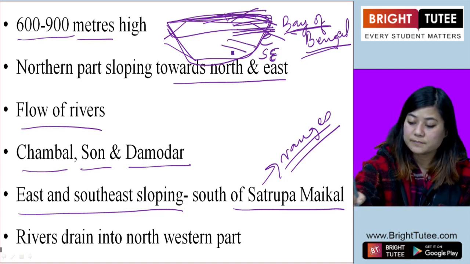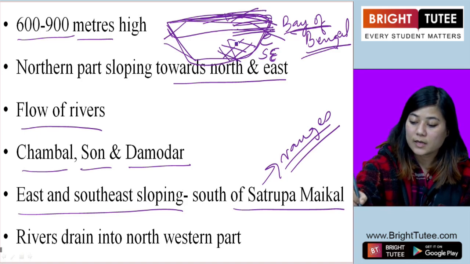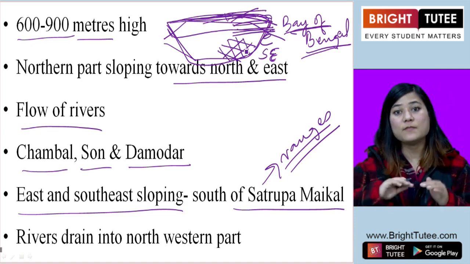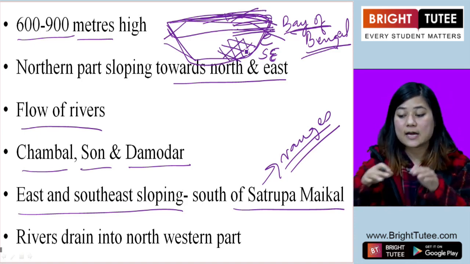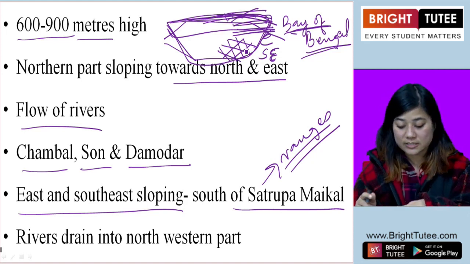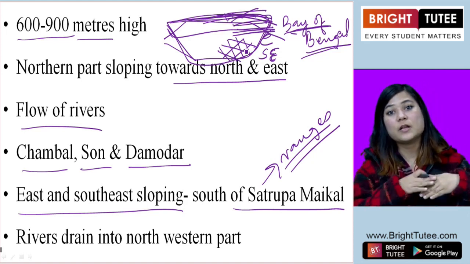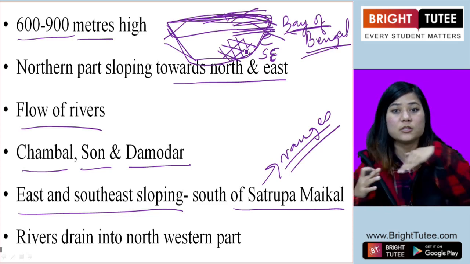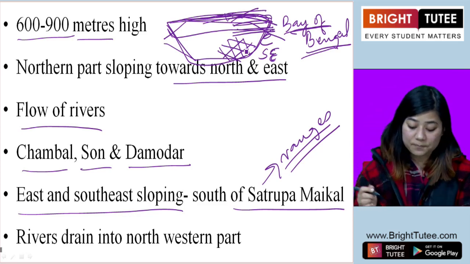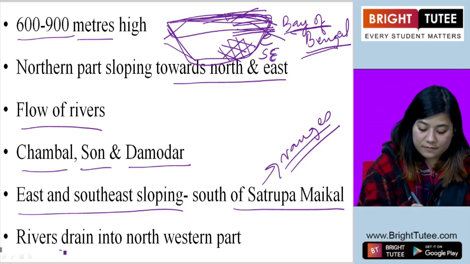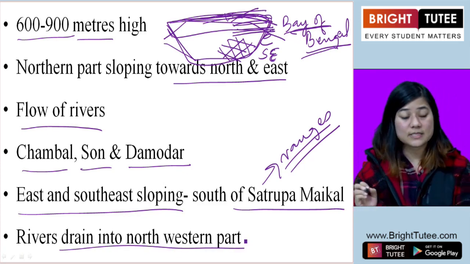So here again there is another sloping. One was north and east, the other is east and southeast. So again the rivers will flow along the sloped areas, and as a result, rivers drain into the northwestern part.